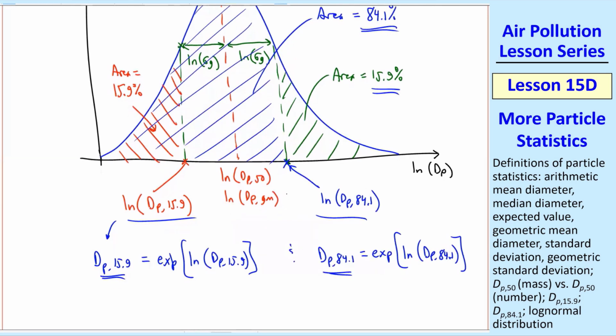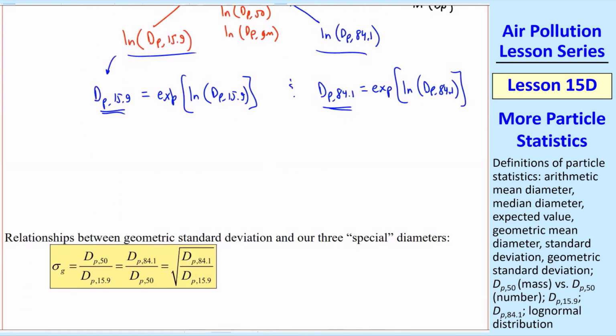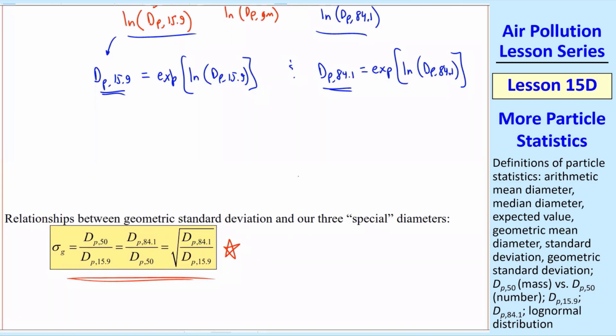Now we have our 2 new special diameters. And then finally, there's some relationships between geometric standard deviation and these 3 special diameters, and that's given by this equation. I'm not going to show it here, but I verified that those are very close to each other when you do this with our example sample. So that's a lot of new statistics that people in the air pollution business use all the time.